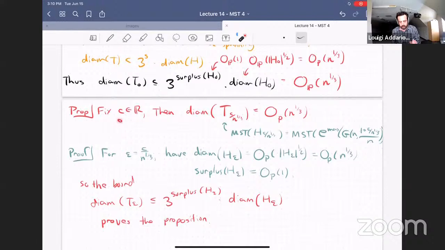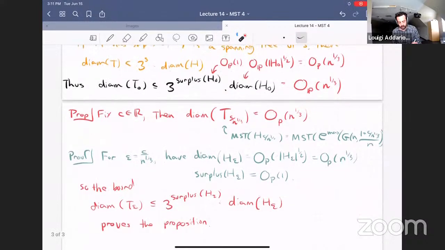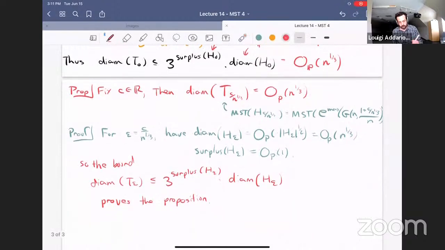We know that if C tends to infinity, then the size of the largest component starts to be larger than n to the 2/3. But for any fixed C in this range, we have this bound. And so the hope is that we can use this to start at some large constant C and somehow show that after that large value, the diameter shouldn't increase very much.